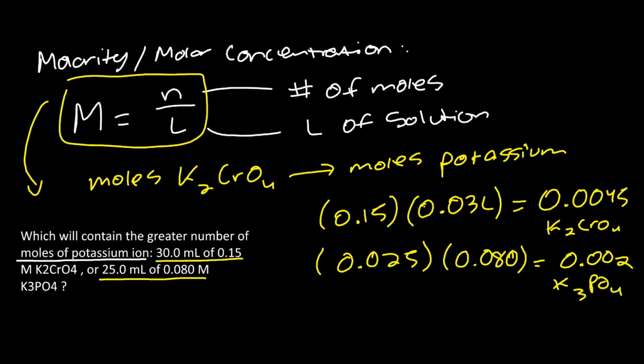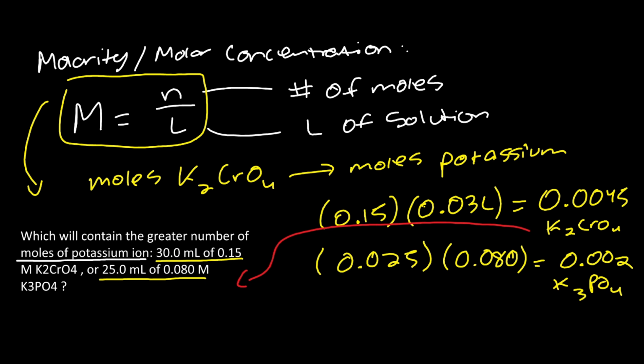Now that we have moles of each, we can use dimensional analysis to find moles of potassium. For the first one, we know that for every mole of K2CrO4, we have 2 moles of potassium.